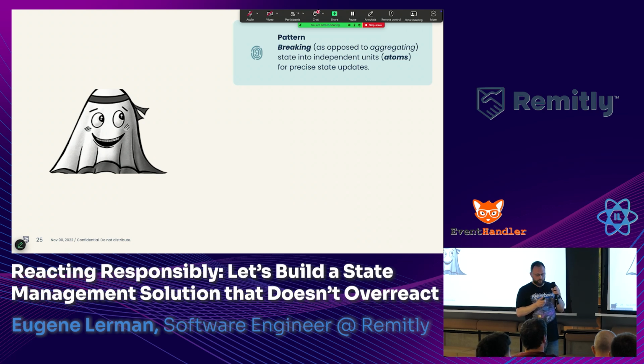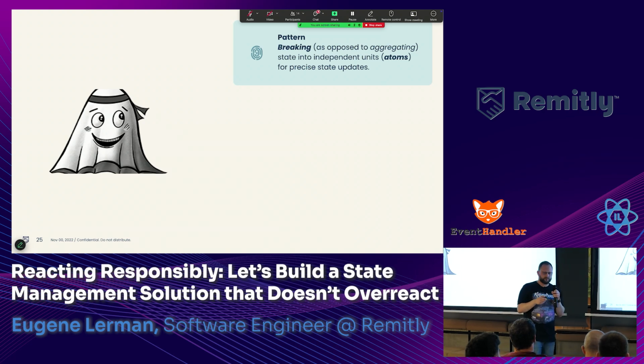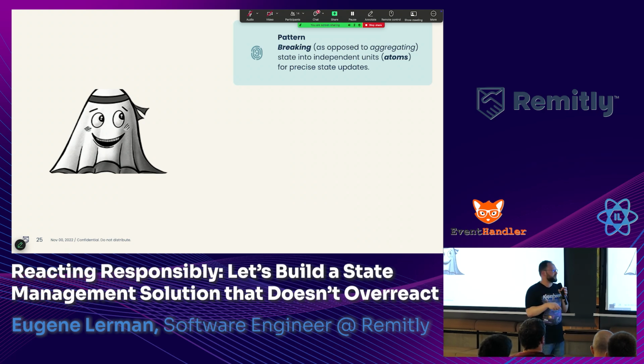And we're decomposing it into little units called atoms, which allows us to have precise state updates. So like we did that whole thing with the selector. Because it basically flips it on its head, you don't need selectors. You have the opposite problem, if you will, if you want to compose all of your state together.